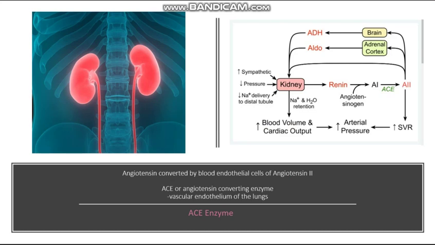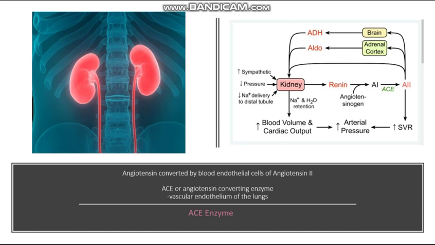Angiotensin 1 is just one of the intermediates, and we need to convert it to angiotensin 2. And this conversion takes place by blood endothelial cells with the help of the enzyme ACE, or angiotensin converting enzyme. And this angiotensin converting enzyme is made in the vascular endothelium of the lungs. Okay.